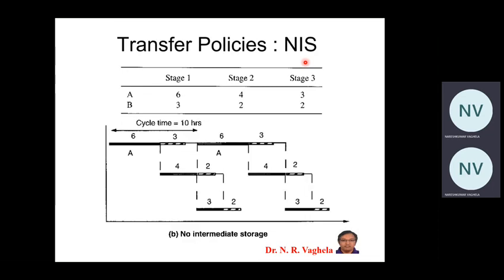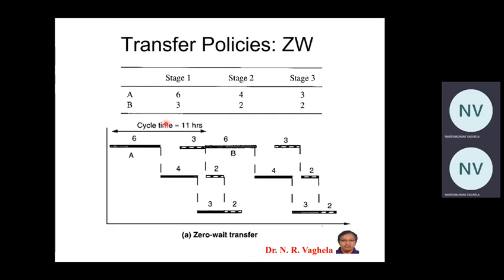Now we can see the second transfer policy, NIS, no intermediate storage. We have seen that 1 hour of holding is required if we start the product B immediately after 6 hours.